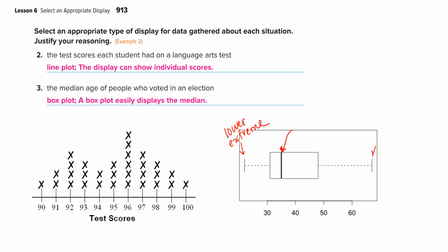This is the upper extreme. This is quartile 1, this is quartile 2, this is quartile 3, and quartile 2 is the median. A box and whisker plot is the only graph that clearly identifies the median.